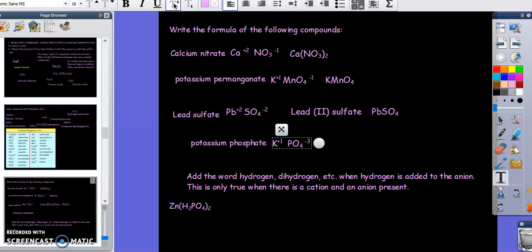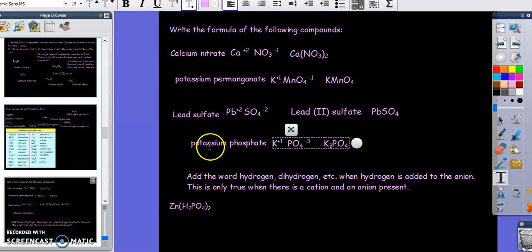So clearly you guys can see it's going to be K3PO4, and that is potassium phosphate.